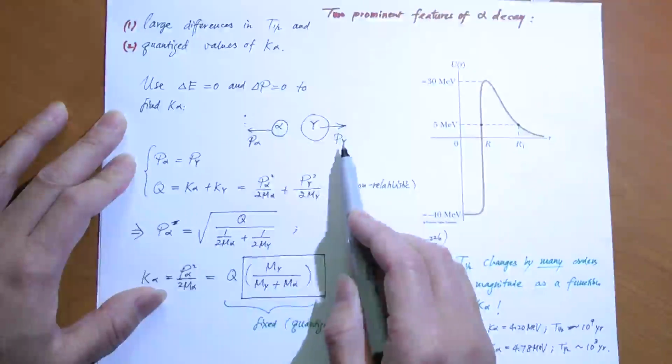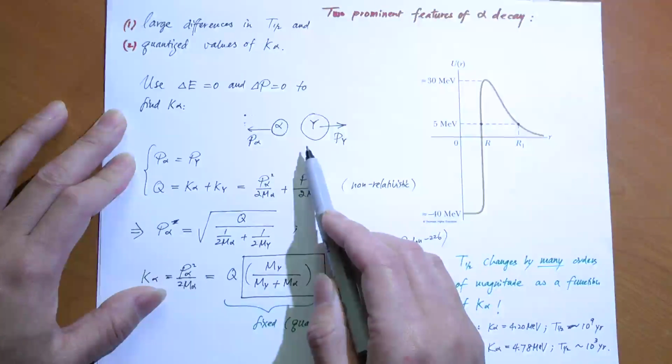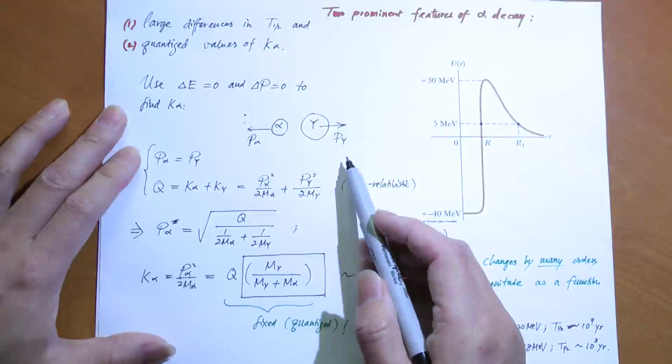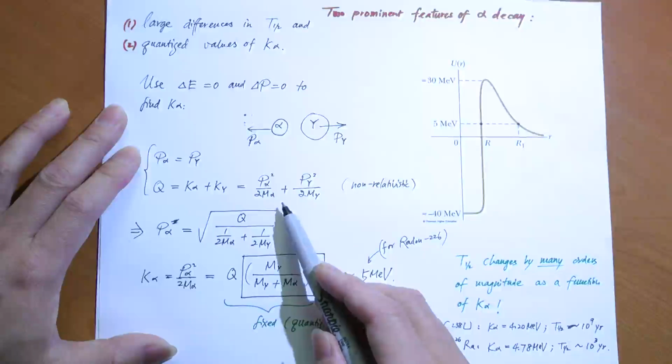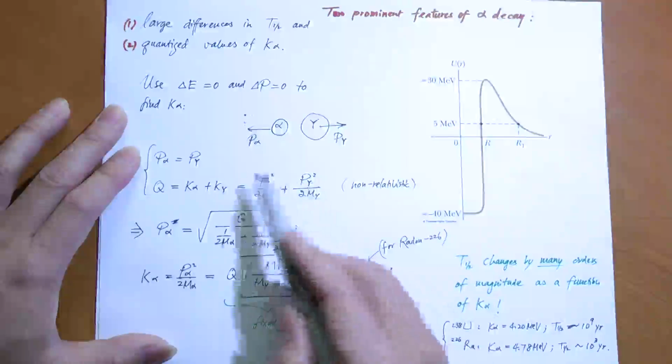That's a good approximation, in fact, because these are pretty heavy, so they do not move near the speed of light. We can check that.